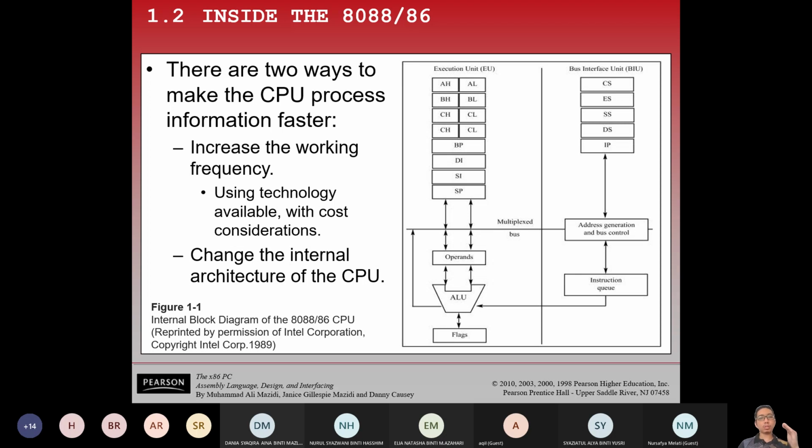The company, let's say Intel, keeps increasing the frequency because they want to make the CPU work faster. But when the frequency is increased, there is an increment in the cost of manufacturing it, so we need to pay a higher price.